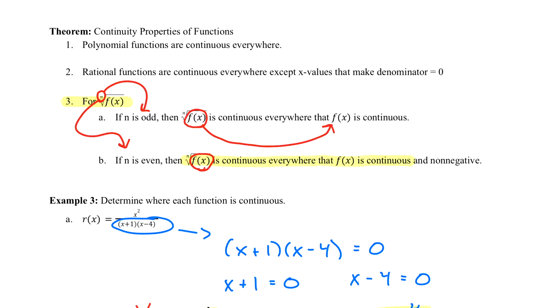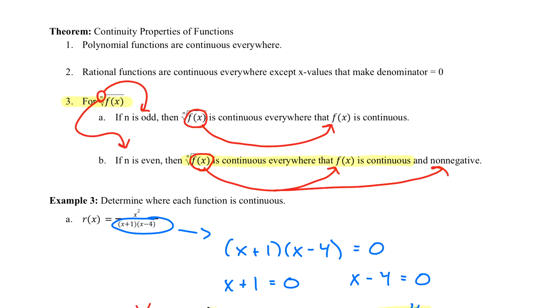We said we're looking at the inside part of our radical, and we want to say, where is that function continuous? So we're saying, where is the inside part of our function continuous? But now we have this extra piece. We need it to also be non-negative. And really that just means it can be 0 or it can be positive. It cannot be negative.